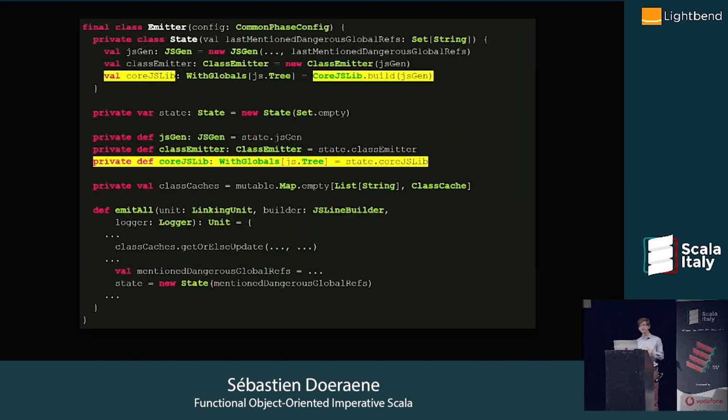So here it's getting really tricky, because from an architectural point of view, I want emit_all to behave functionally. If I give it a given program, I want it to always return the same resulting JS file, right? With the same content.